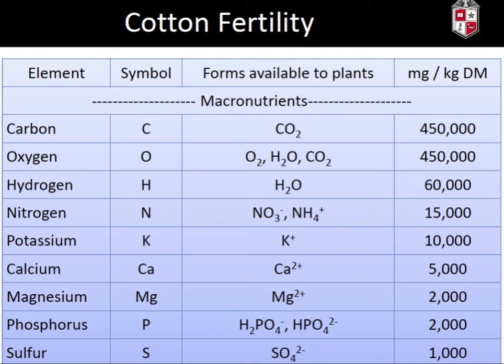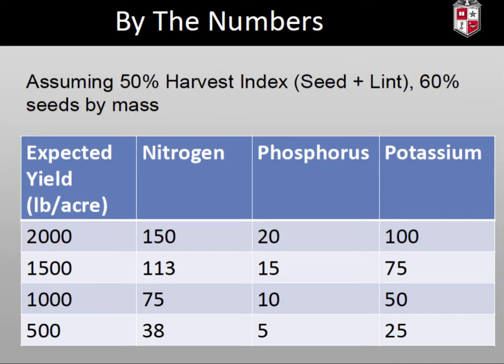Let me talk really quickly about some of the big three nutrients as they relate to cotton production and cotton irrigation. Nitrogen, phosphorus, and potassium are all important at large rates in the crop because they're all part of major plant processes here. Nitrogen is something that is easy for the plant to get through the water stream.